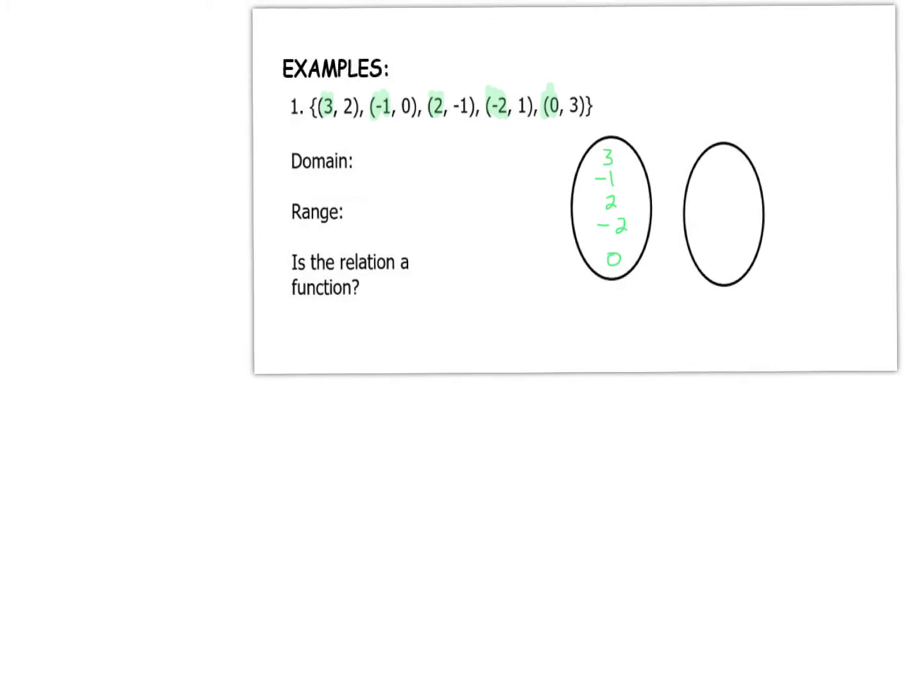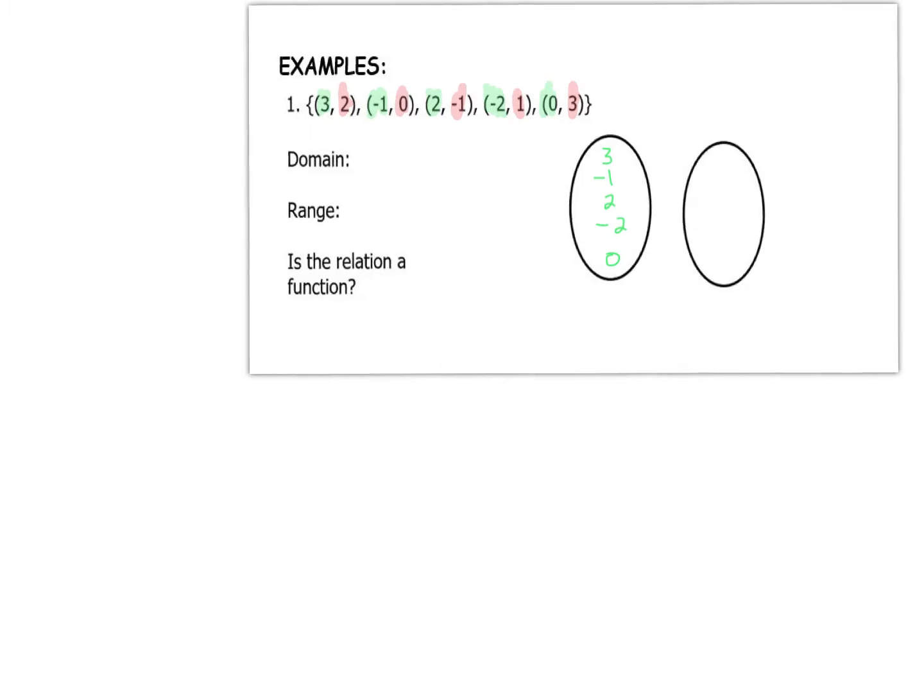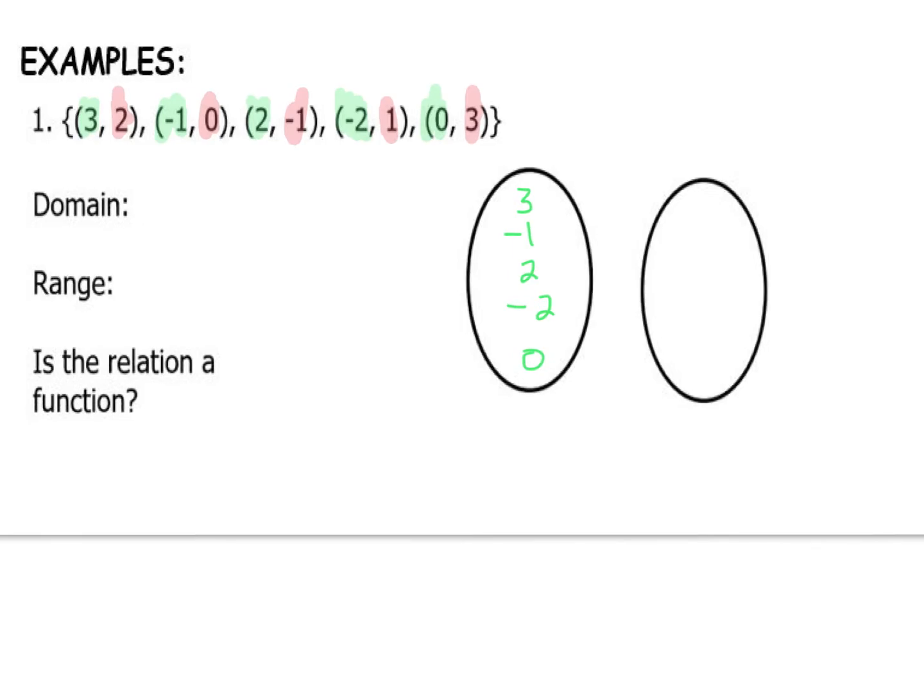These are my y's. So the 2, the 0, -1, 1, and 3. So we're going to put that in. We're going to have the 2, 0, -1, 1 and 3.